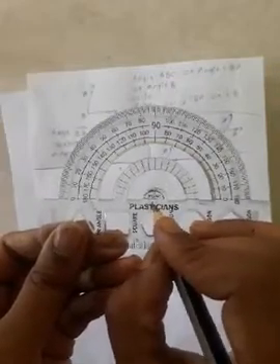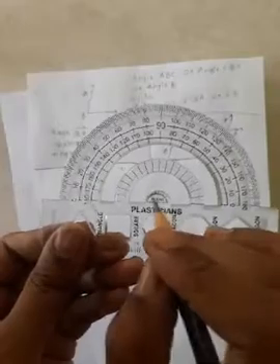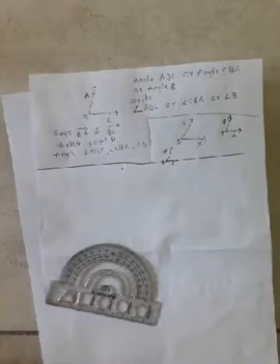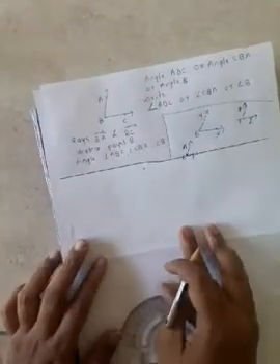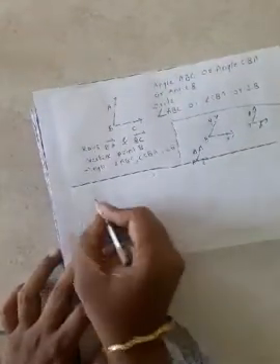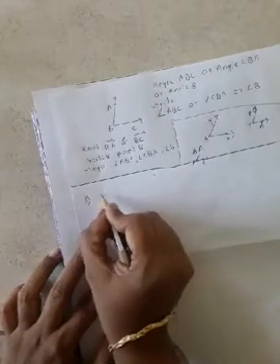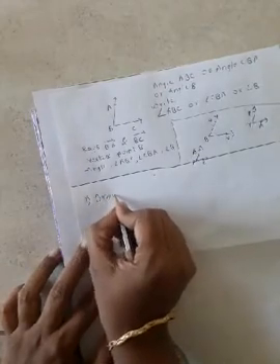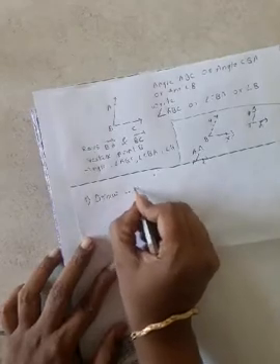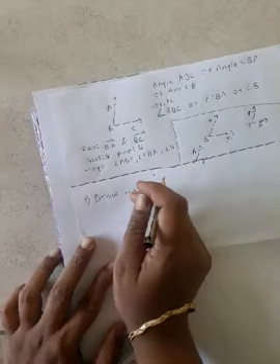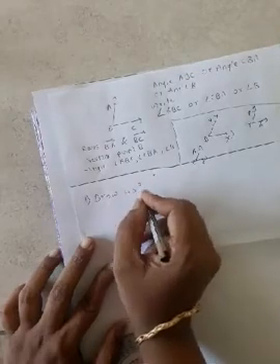Point P is used there. Now, how to draw the angles? See, there is the first question. Draw 45 degrees. Okay.